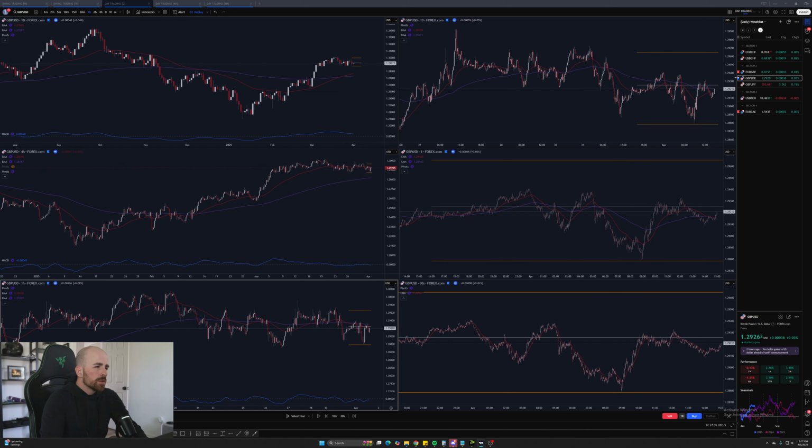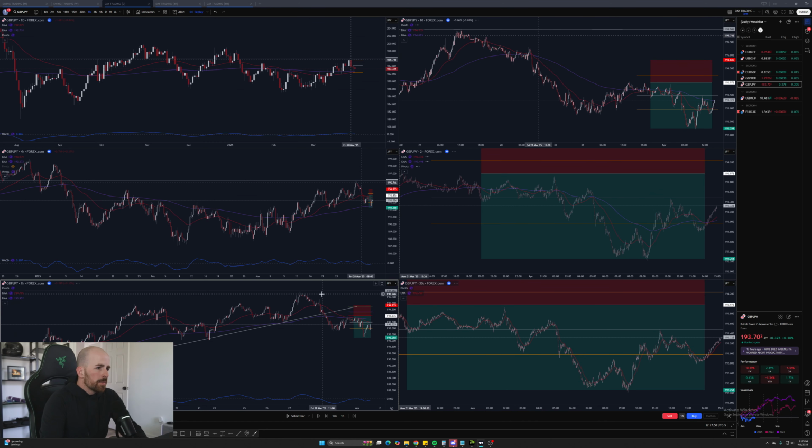Pound dollar was the inverse of Euro pound. So it was going short here. I think it was just on here to look at it, but pretty ugly price action, to be honest. And then pound yen was a possible short. It didn't really push up into the level I was looking for, held the EMAs and just continued downwards.